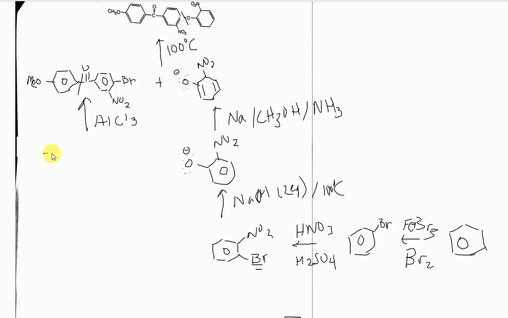The other ring is going to be the Friedel-Crafts. So this cut right here, okay? And this is going to be the one that has the acid chloride. This is going to be the nucleophile. All right, so let's do that. Okay, so this is good.